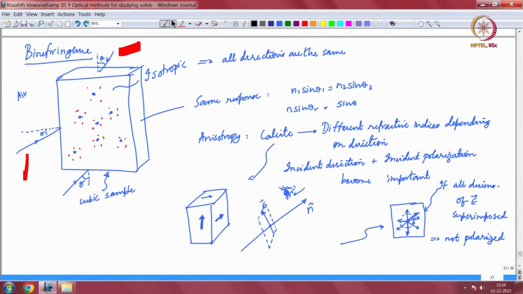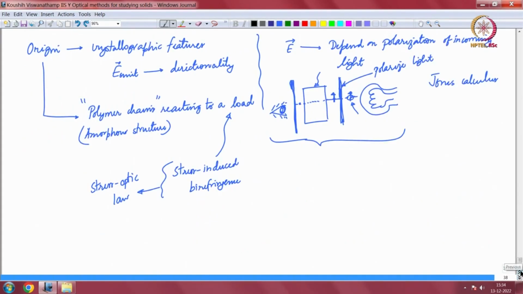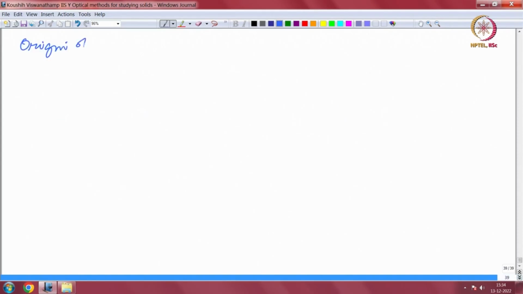So the direction of the electric field with respect to the specific crystal direction becomes important, and as we will see today, that is where some of these effects come from, and where we start our quantification of birefringence. Alright, so let us take off from here and look at the origin of birefringence.